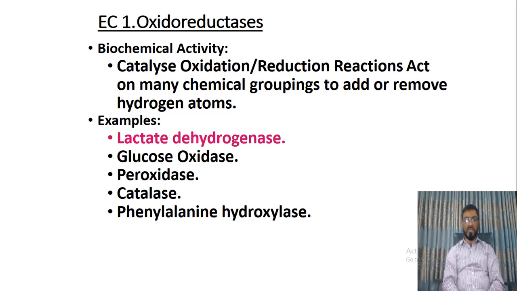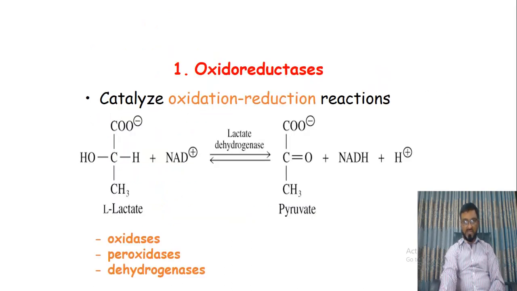There are so many examples in several kinds of reactions and pathways. For example, lactate dehydrogenase, glucose oxidase, peroxidases, catalases, which are again big subclasses, and phenylalanine hydroxylase, which is involved in protein type reactions.